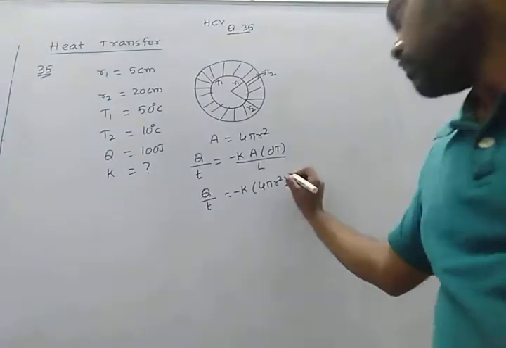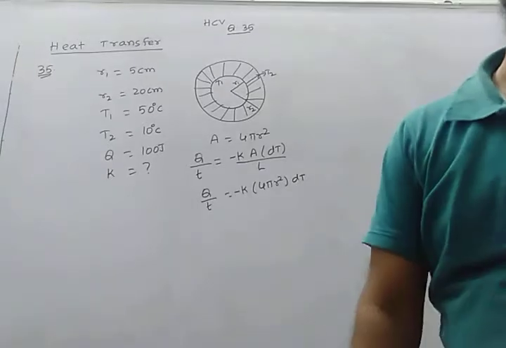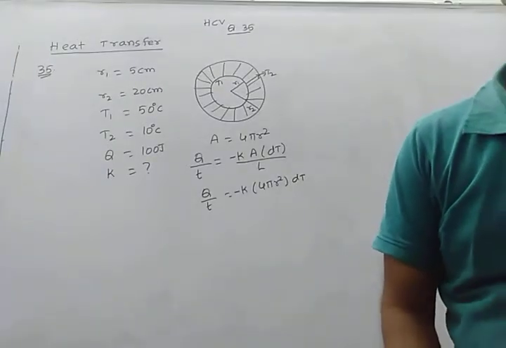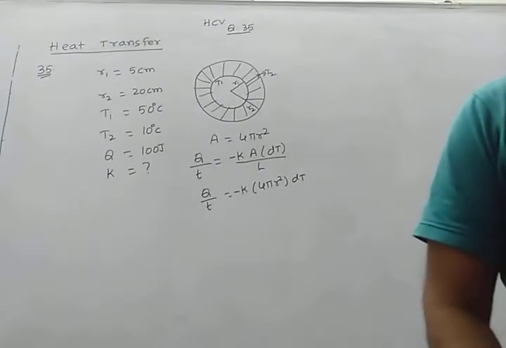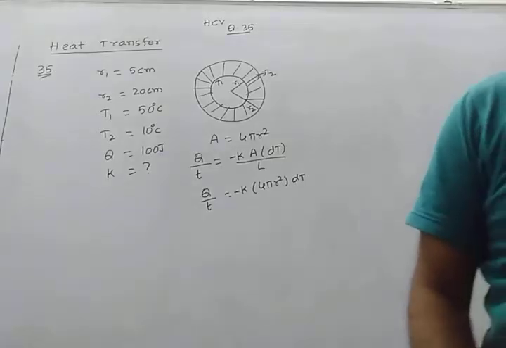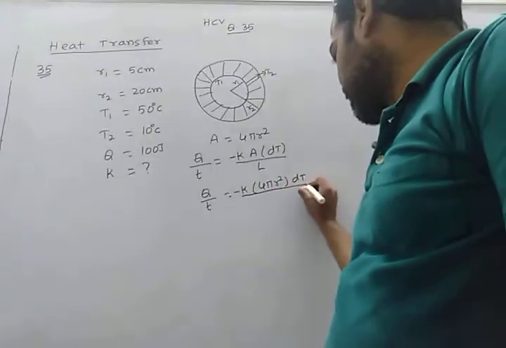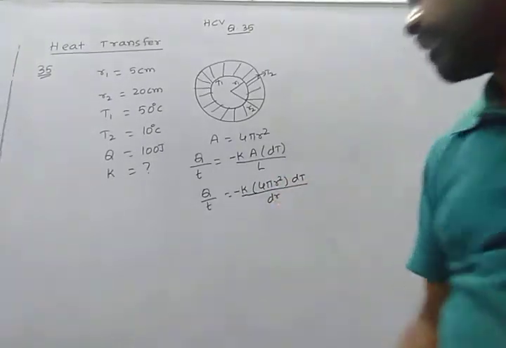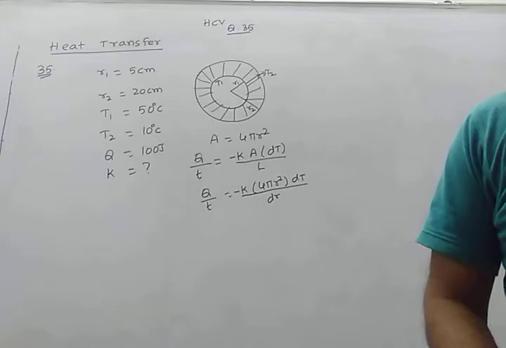We can write dT as T1 minus T2 by the thickness. Let us consider the thickness as dr.